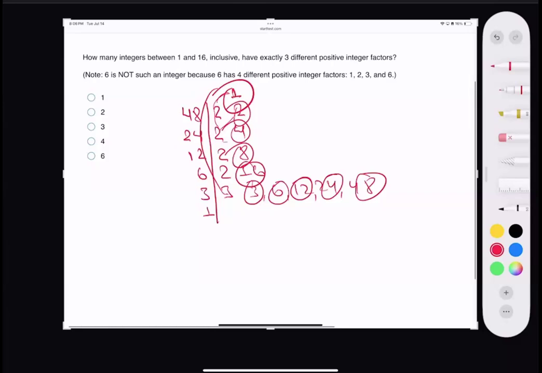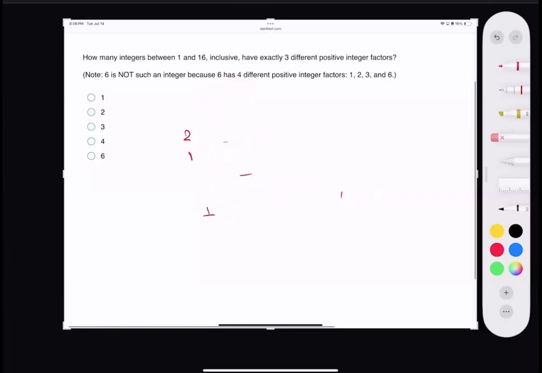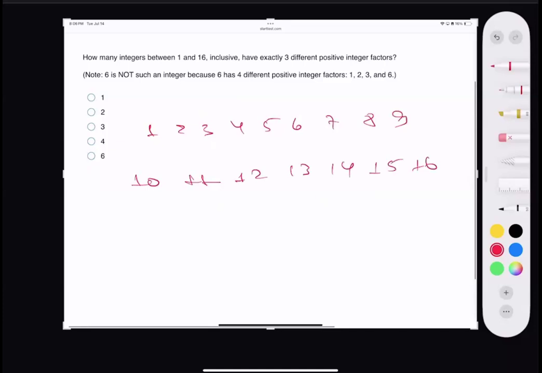Based on this, as now we know how to find how many they are without knowing who they are, consider 1 through 16. 1 has just 1 divisor.